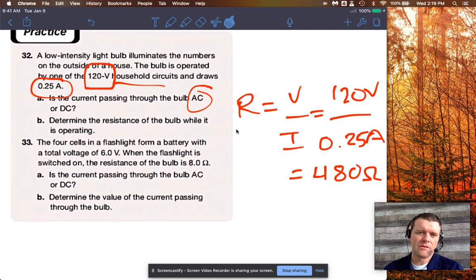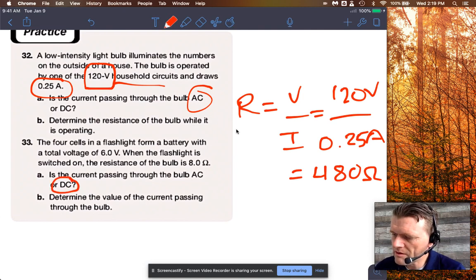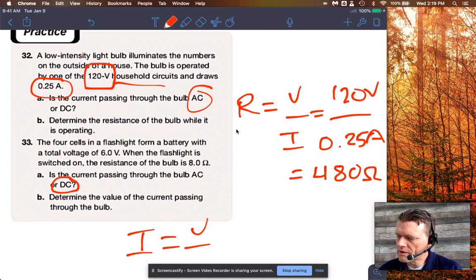And it says in this bulb, the resistance is 8 ohms. Now, is the current AC or DC? Hopefully you can see that is going to be DC because this is a battery, multiple cells, right? So in this case, the current is equal to the voltage divided by the resistance.